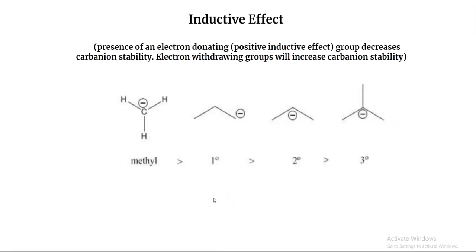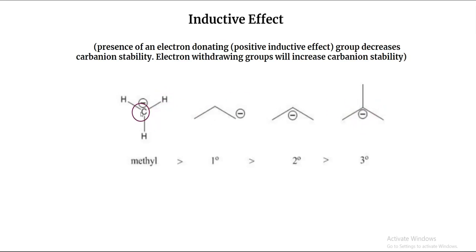There is inductive effect, however, because there could be electron donating groups like alkyl groups, or there could be electron withdrawing groups like the CF3 group we saw in carbocation. But the effects are going to be very different from those for the carbocation. That is, if there are more electron donating groups for carbanion, that's going to enhance the electron density on that center, making it less stable.